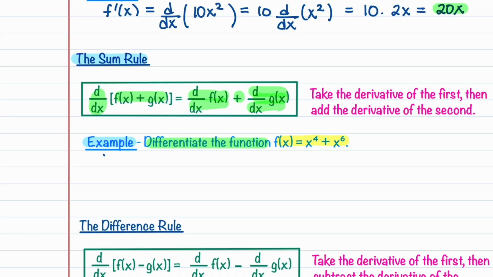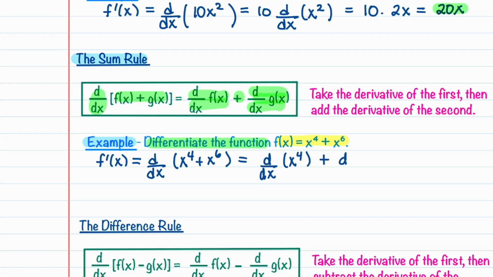Our derivative is f prime of x, and it's the derivative with respect to x of both of these functions, x to the fourth plus x to the sixth. Using the sum rule, we're just going to break this up, and this is the derivative of the first function, x to the fourth, plus the derivative of our second function, x to the sixth.